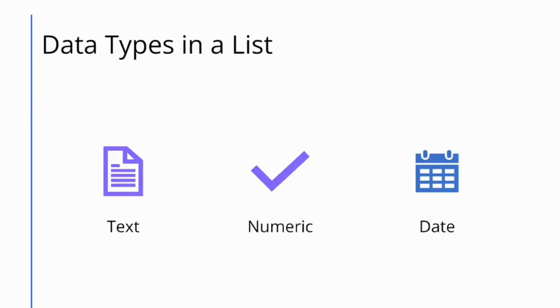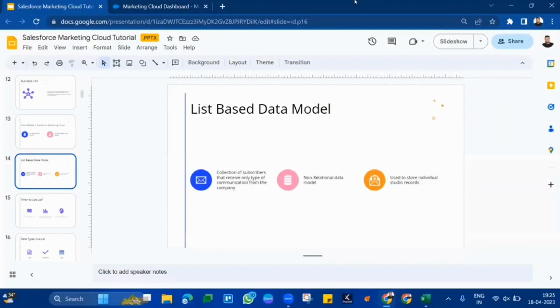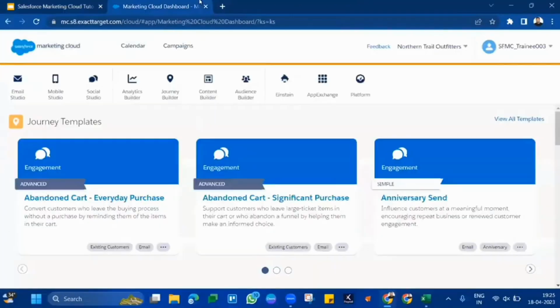Now we will understand how to create a list practically in Marketing Cloud. Lists are part of the first data model in Marketing Cloud. While understanding list, we understood 2 things: what is a subscriber and what are the properties of a list? A subscriber is something you have to understand, that he should have subscribed to some communications, and then you have that data.